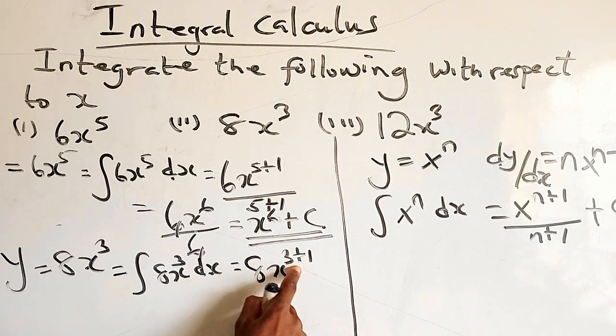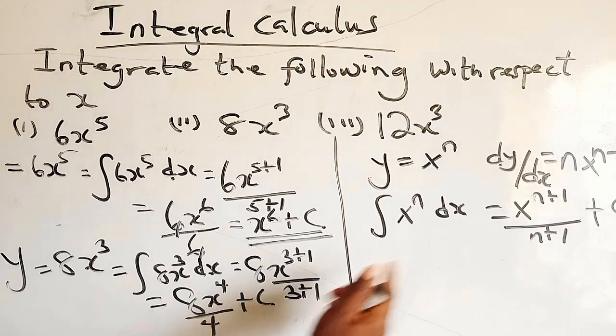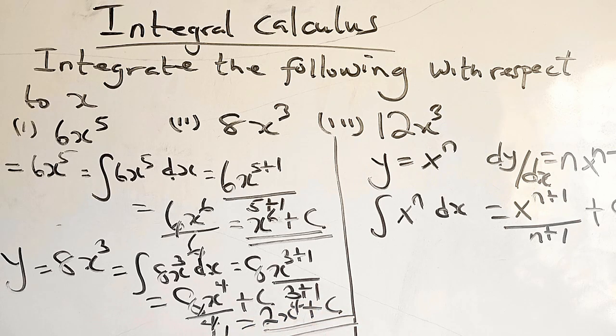I will add 1 to the power and divide everything by the power, so 3 plus 1. So here I have 8x raised to power 4 over 4 plus c. You have to introduce the constant of integration. When we simplify this, 8 divided by 4 is 2, so we have 2x raised to power 4 plus c.